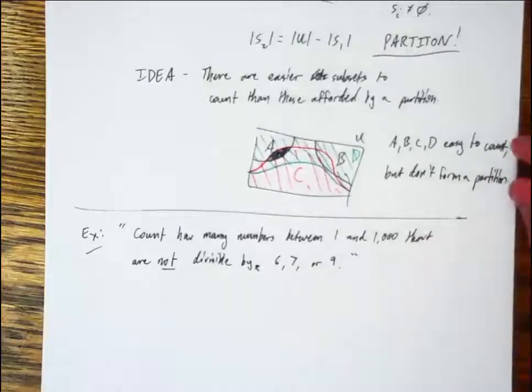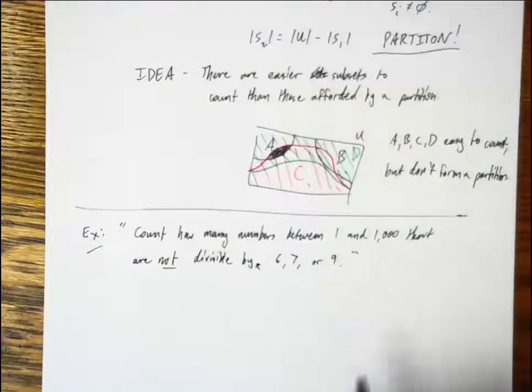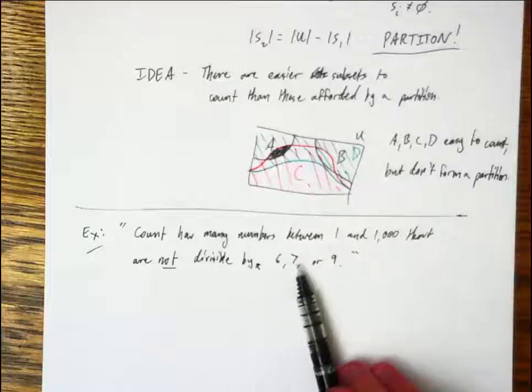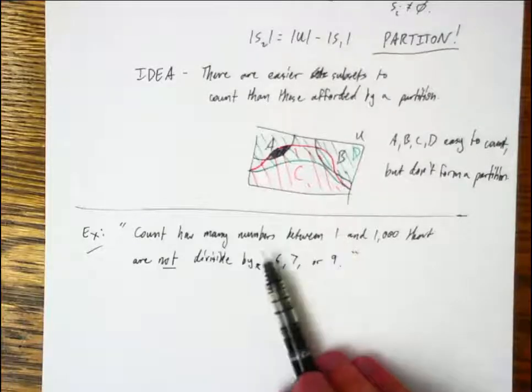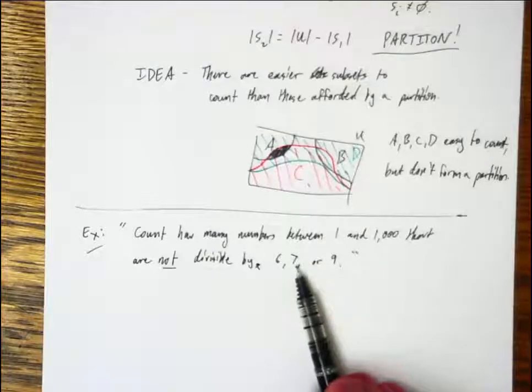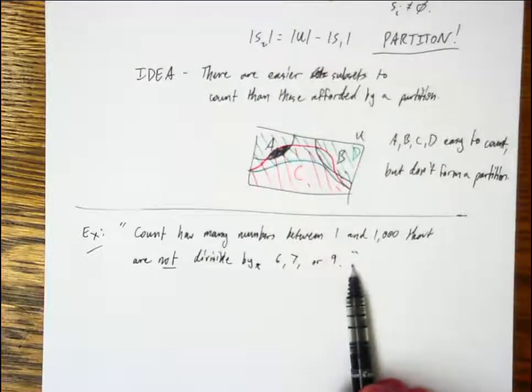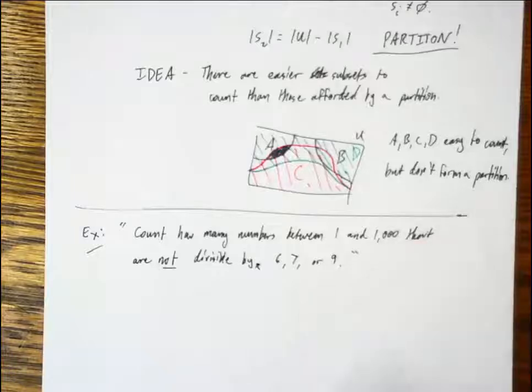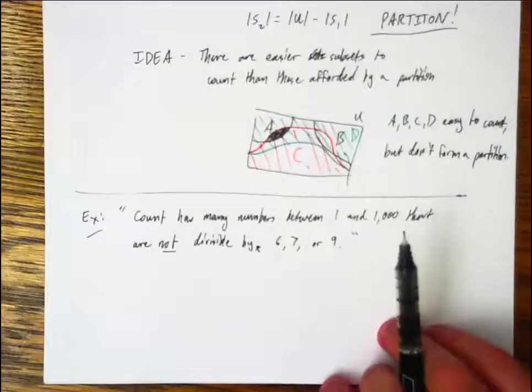Okay, so here's what's going on. I need to make sure that whatever numbers are in my set that I want to count aren't divisible by 6, nor are they divisible by 7, nor are they divisible by 9. There are lots of numbers that aren't divisible by 6.